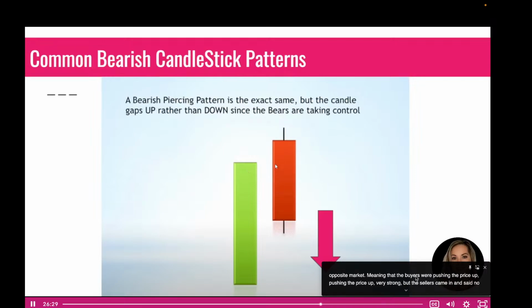They had been able to push the price back down at least 50% or more of what the buyers were able to accomplish. So if you see this, that would be a signal potentially that a reversal is coming.